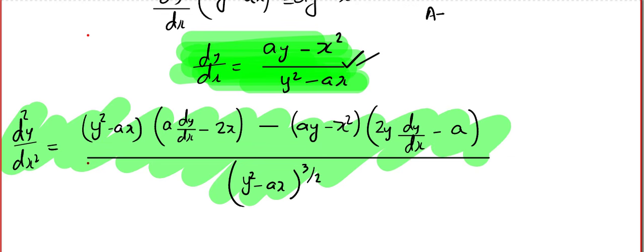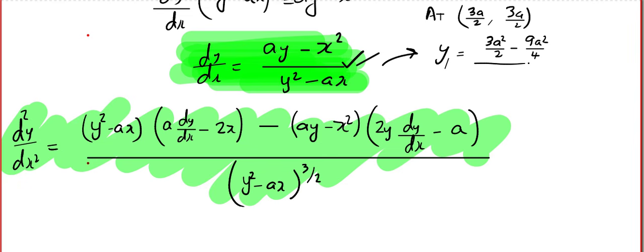Now I'm going to write at the required point 3a by 2, 3a by 2. Let's plug it inside our y1. What will we get? A into the y coordinate, so 3a squared by 2, minus squaring the x coordinate, the whole divided by squaring the y coordinate minus a into the x coordinate.